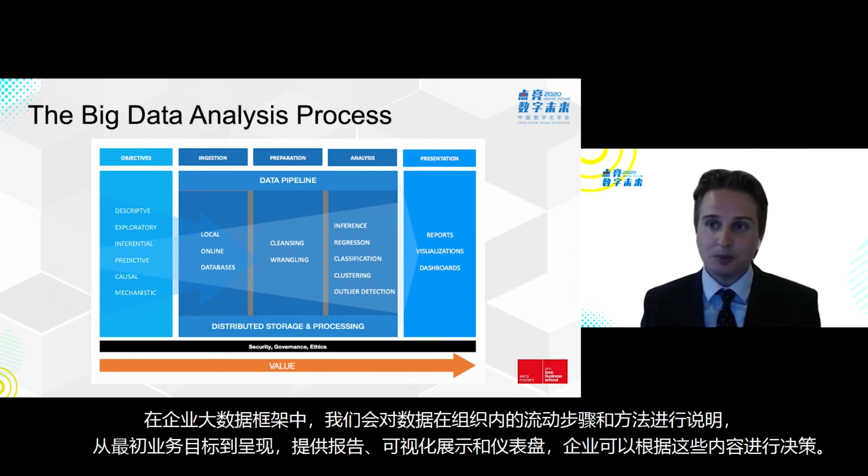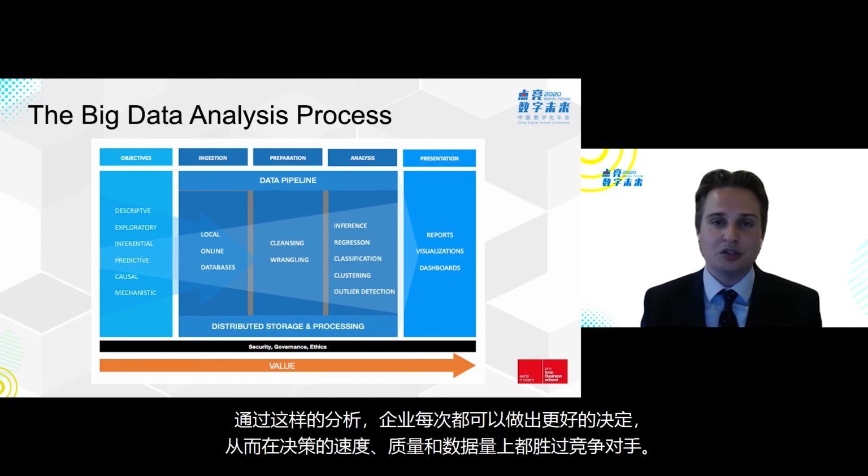In the Enterprise Big Data Framework, we will explain the different steps and the way that data moves in an organization, all the way from the initial business objectives towards presentation and providing the reports, visualizations, and dashboards on which enterprises can start making their decisions.